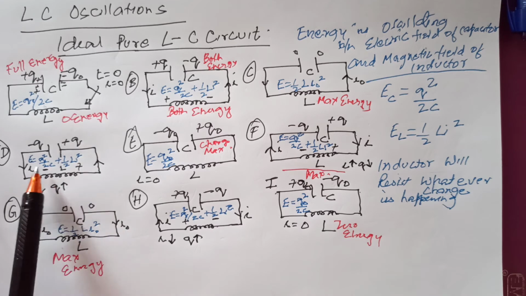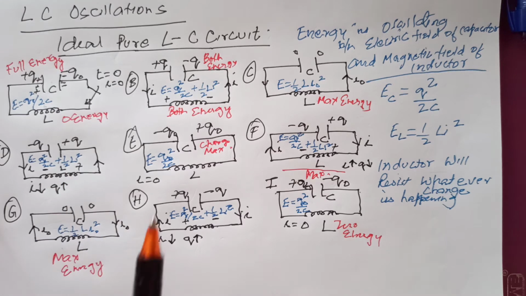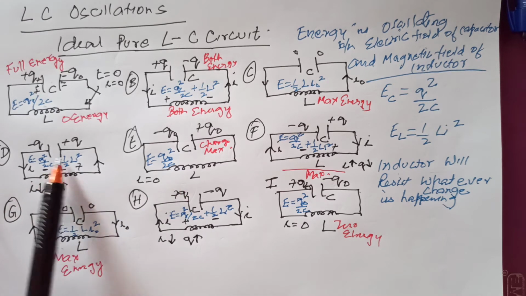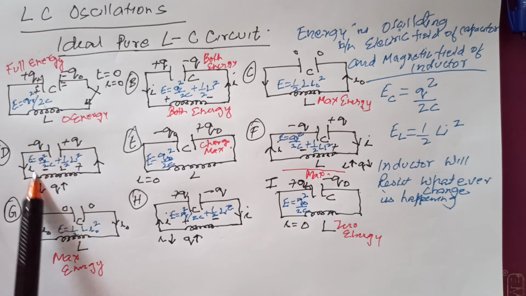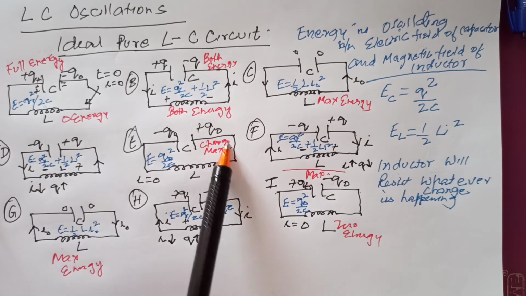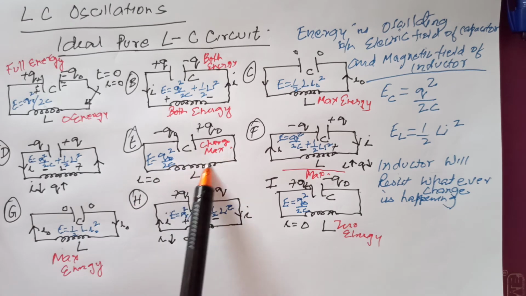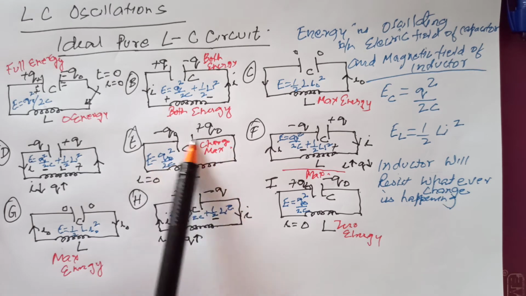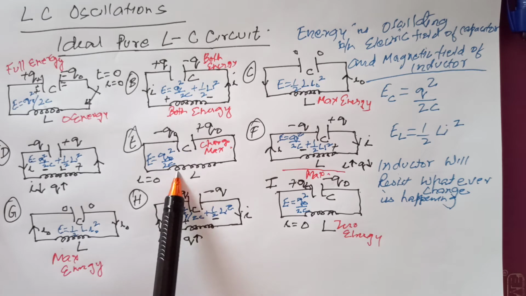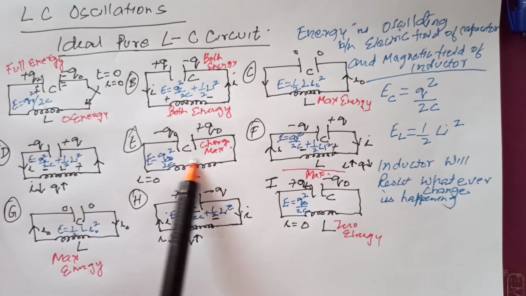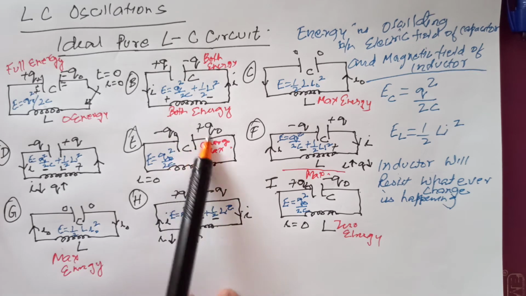So the total energy is E = Q²/2C + ½Li². Clear? In due course, charges start accumulating, the current becomes zero and the charge is maximum. Current is zero, so the energy in the inductor is zero and everything comes to the capacitor.